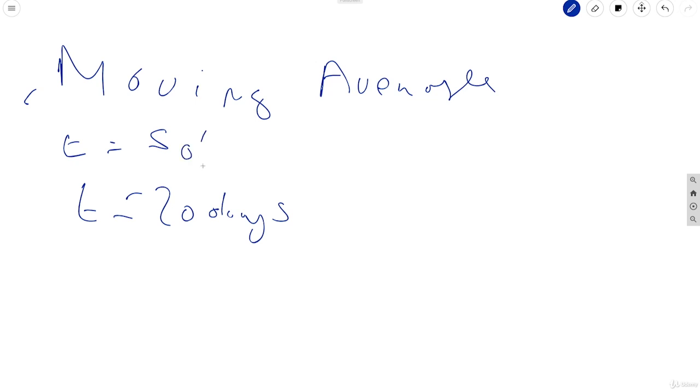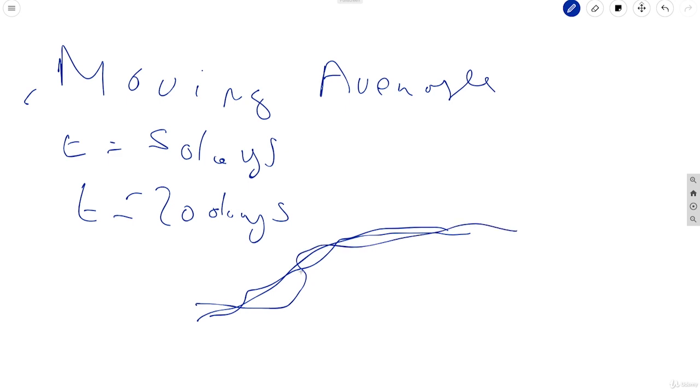We are going to draw these curves along the actual data, the 5 days moving average and here the 20 days, in order to catch at which moment over time you should short or you should keep your shares.